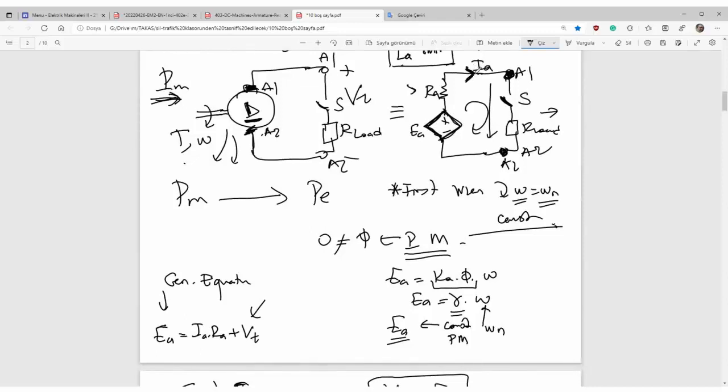That is the cause. If there is no electromotive force, there will be no current. There is electromotive force due to magnetic field and rotation. And then, since the switch is on, there is an electric current.